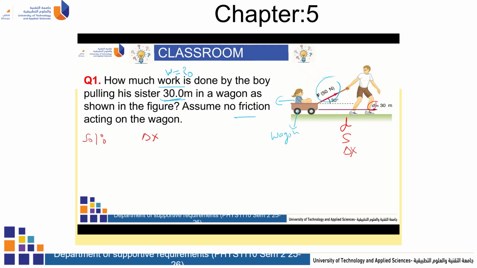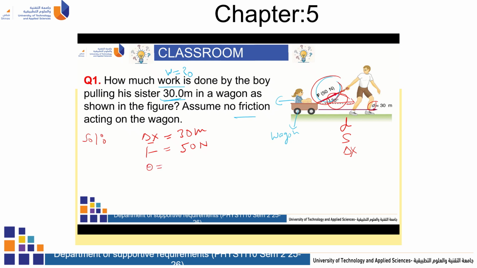Here the displacement is given as 30 meter. The force is shown in the diagram, and the force is 50 newton. The angle between the force and the horizontal direction is 30 degree.